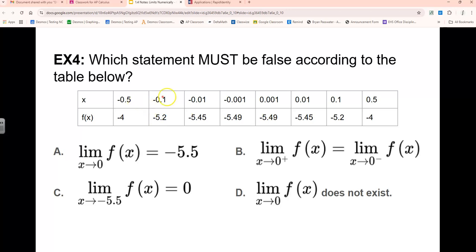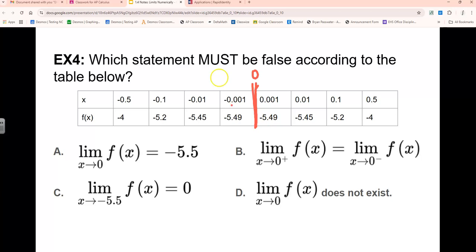We got -0.5, it looks like 0 is where you're trying to see what's happening, and 0 is right here. Does it look like on this table that the limit would be -5.5? Quite possibly, right? Like these two are the same, but you're decreasing for each one of these. So definitely we could be meeting at that point.